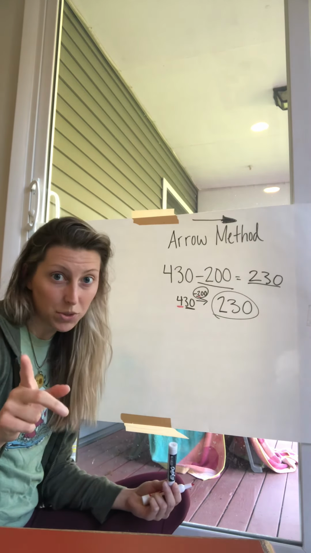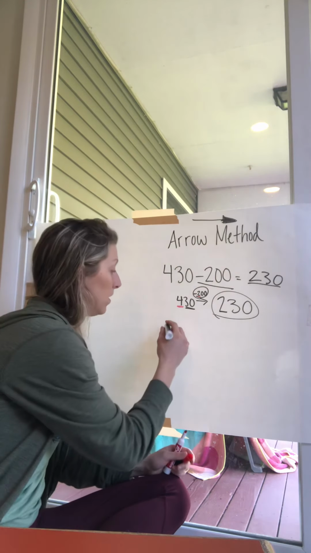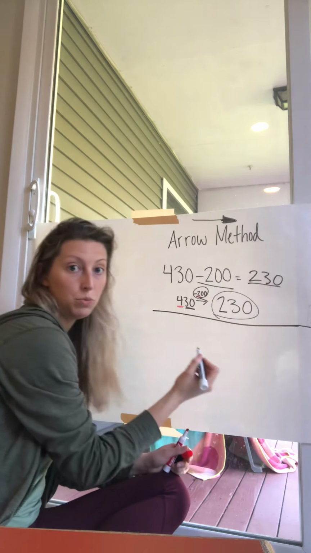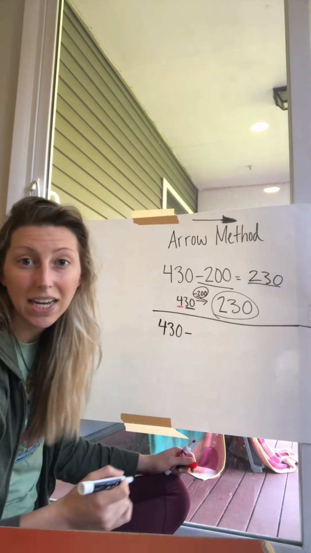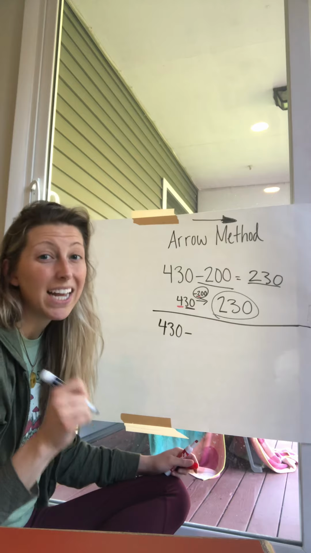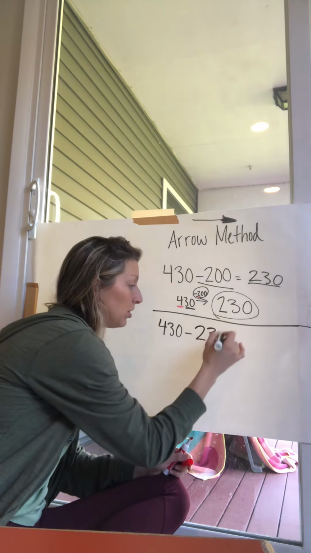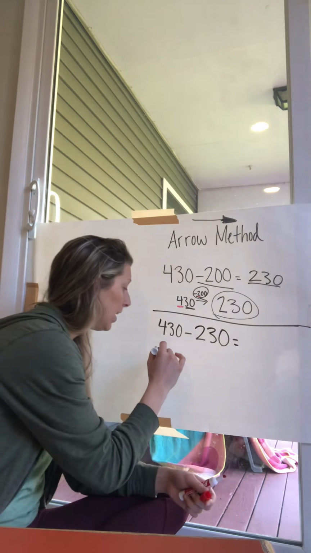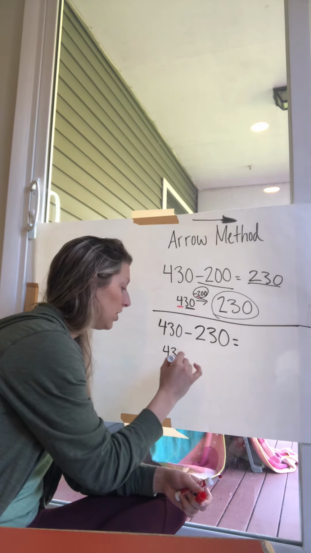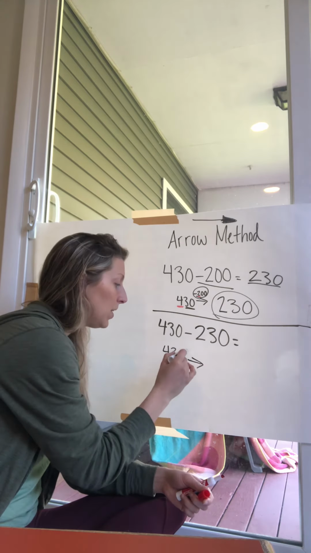Now, here's where it starts to get a little bit tricky. If we started with that same number, so here we go, we'll do one more. So 430, but instead of subtracting 200, it asks to take away 230. We're going to start it off the same way, okay? So if we have 430 and here's our arrow method, let's take away 200.